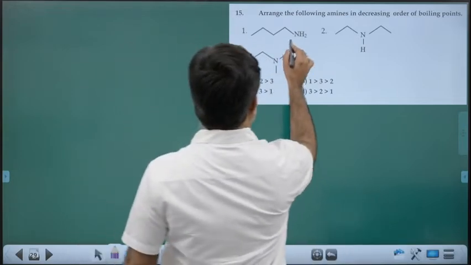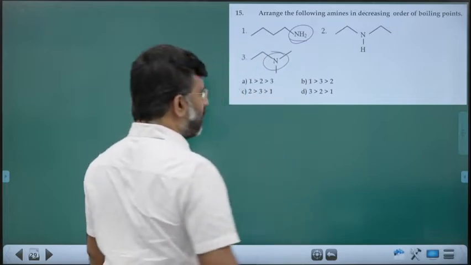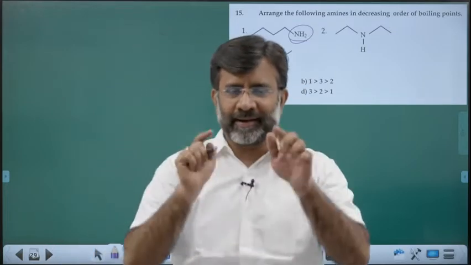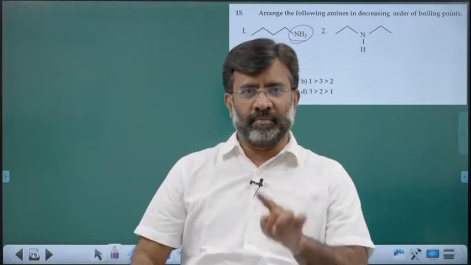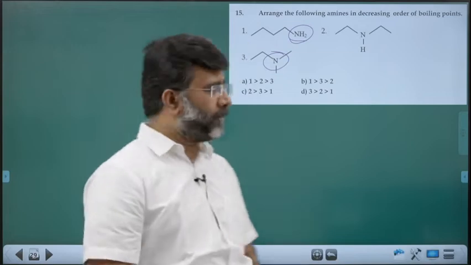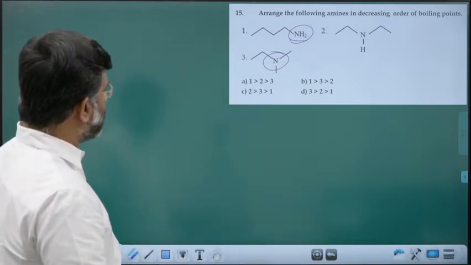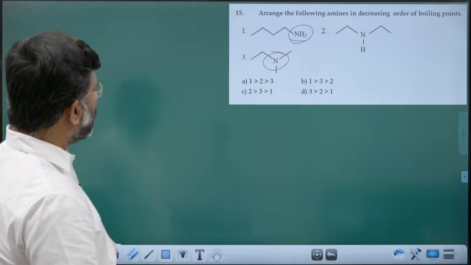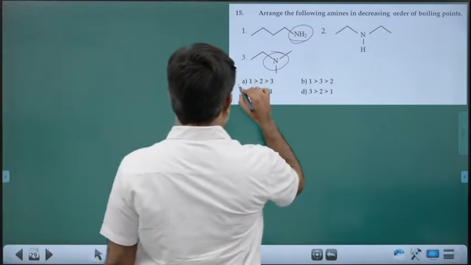Primary will be maximum and tertiary will be minimum, once again due to hydrogen bonding. Hydrogen bonding is maximum in primary amine, minimum in tertiary amine. So it is 1 maximum, 3 minimum. 1, 2, 3. First choice.